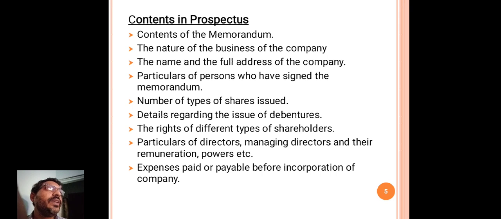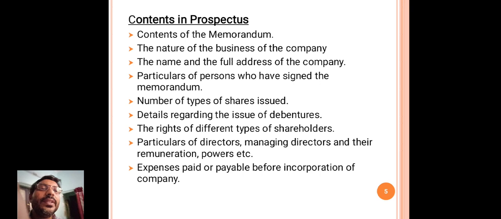There are different types of shares, that is equity shares, preference shares, and another type of getting finance from the public is debentures. I will explain these types of shares very clearly in the coming classes. Here the number of types of shares issued is mentioned in the prospectus.